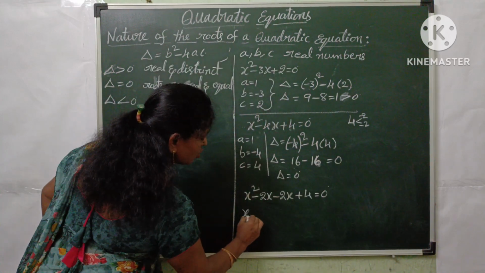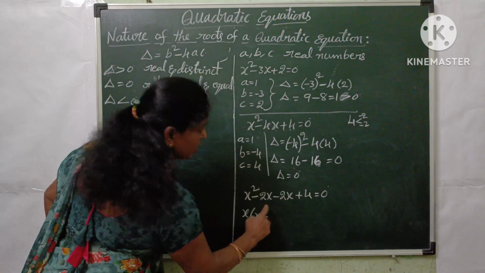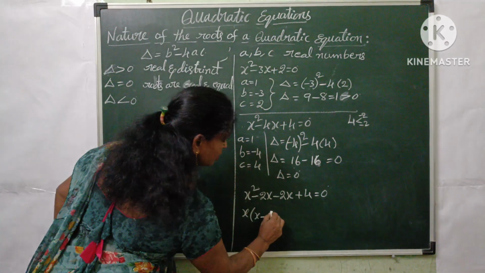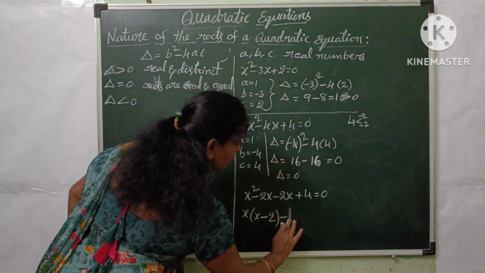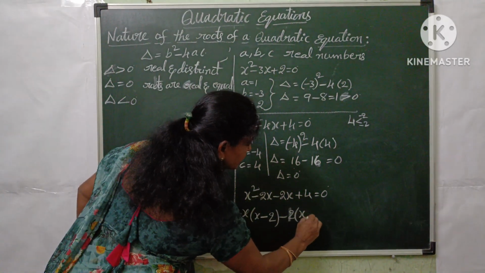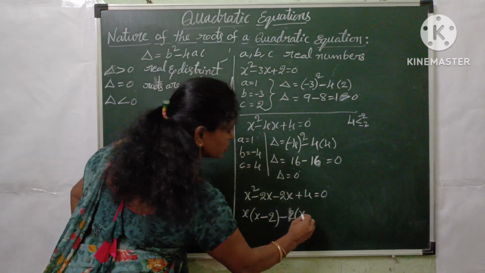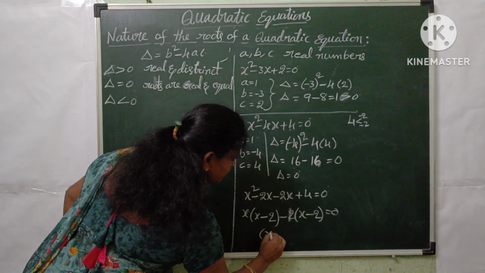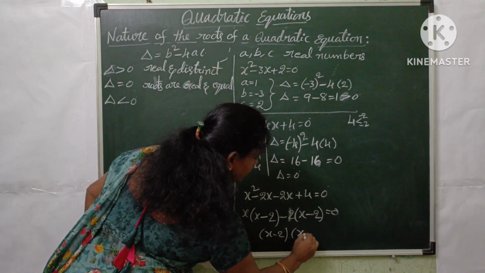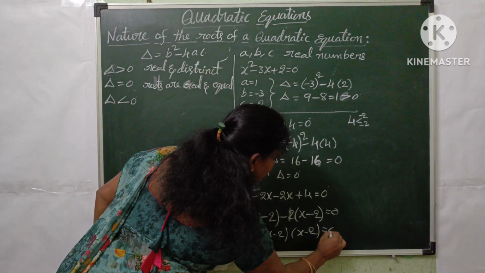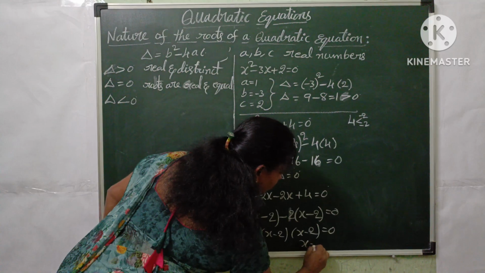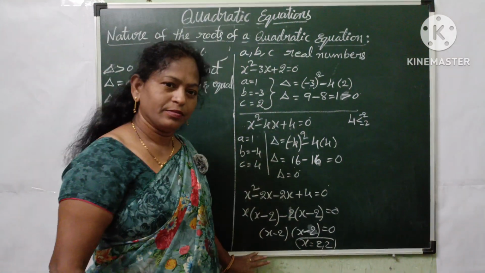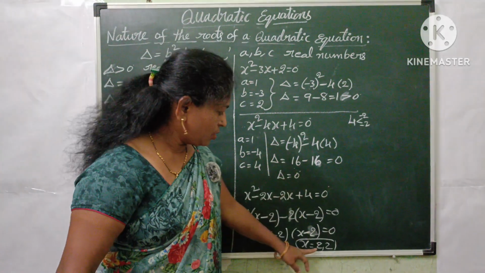Now we have to take the common: x taken common from the first two terms, x minus 2, and from the last two terms minus 2 taken common, x minus 2. Then x minus 2 and x minus 2 equal to 0. Then x equal to 2 and 2. So the roots are 2 and 2.